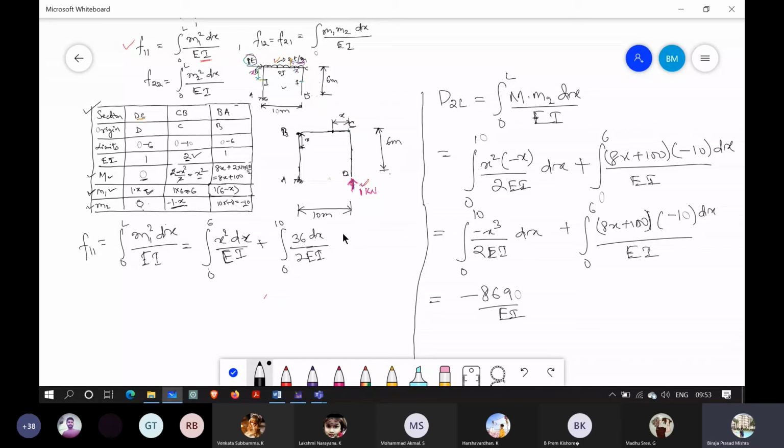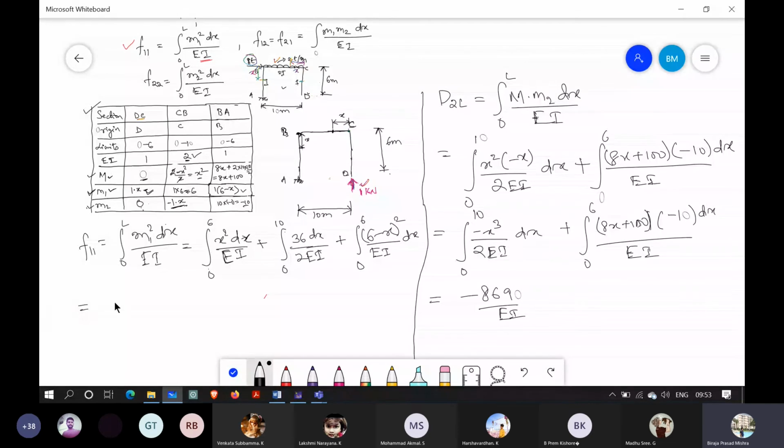Okay, next one is this one. So plus integration 0 to 6 of 6 minus x whole square by EI into dx.